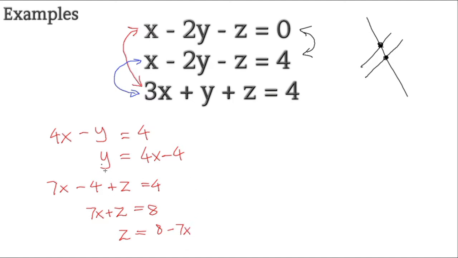So now we have y in terms of x, and z in terms of x. Technically speaking, the equation of the line is (x, 4x minus 4, 8 minus 7x).